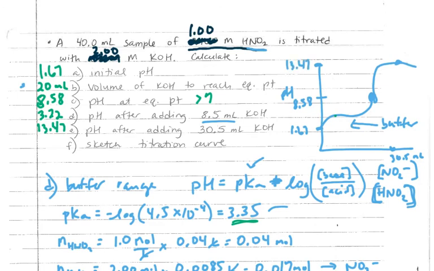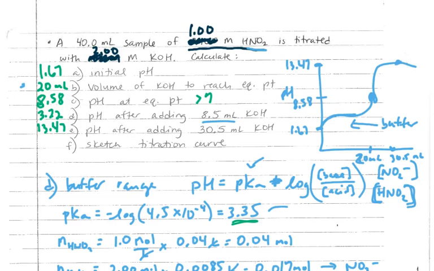And then we could also add that the equivalence point was reached at 20 milliliters of our base. So that's sort of a sketch. The important thing with sketching this curve is making sure you have that little buffer curve here, that it's not a straight line like we see with the strong acid, strong base titration.